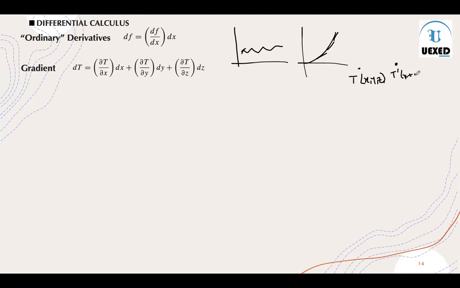Similarly you can define y plus dy and z plus dz. Then you can calculate the change dT in terms of the partial derivative of T with respect to x times the change in the x coordinate. Similarly, you can write for the y and z coordinates.